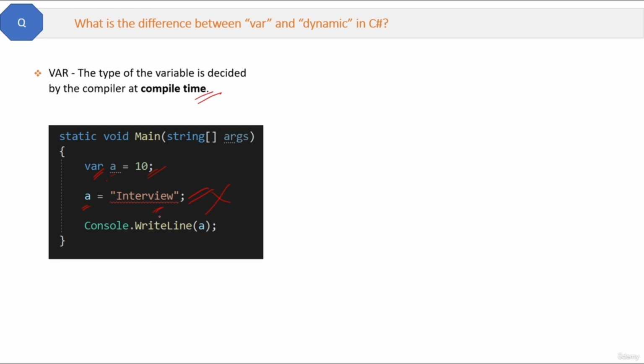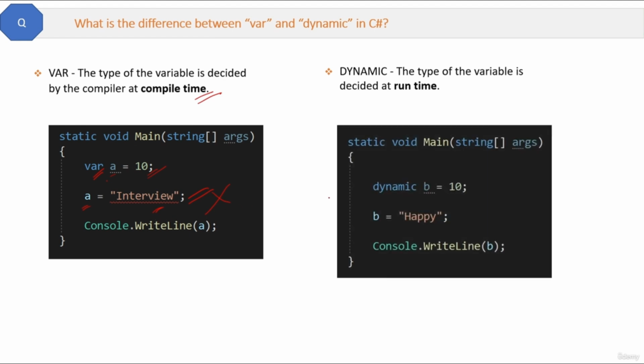Now let's see the dynamic. If you declare a variable as dynamic, then the type of the variable is decided at runtime, not compile time. See the same code here, just var is replaced by the dynamic keyword. Here first you assigned b an integer value 10, then you are assigning b a string value happy.